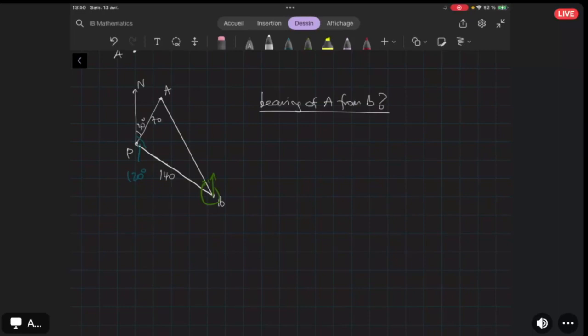Your life can be a lot easier if you actually notice this. What's the angle APB? 90. That is basically 120 minus 30. That means we have a right triangle.